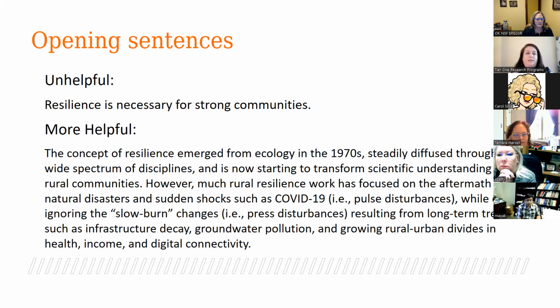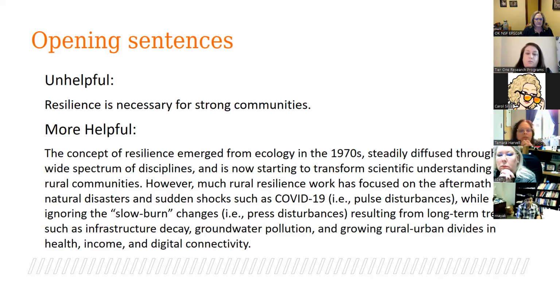Some more helpful information would be something along the lines of, "The concept of resilience emerged from ecology in the 1970s, steadily diffused through a wide spectrum of disciplines, and is now starting to transform scientific understanding of rural communities.